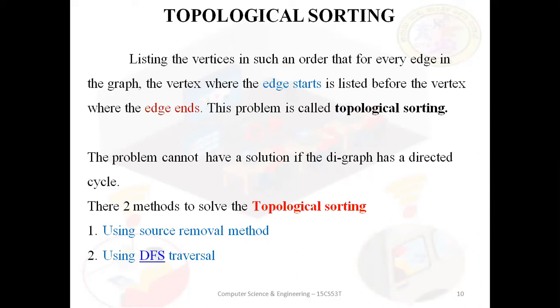So before I begin to explain the second method, the DFS traversal method, here we are going to discuss topological sorting by using DFS traversal. As the first method, using source removal, has already been discussed by one of the staff members, I am going to discuss the DFS traversal method.